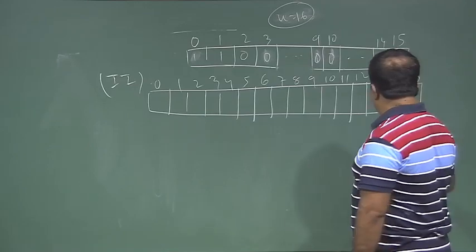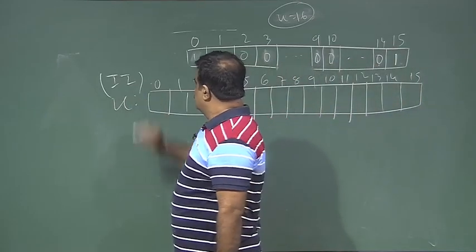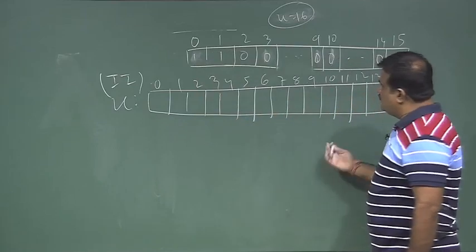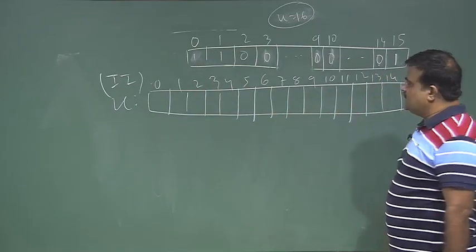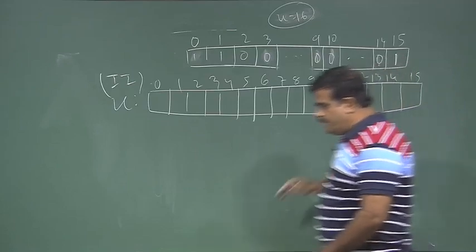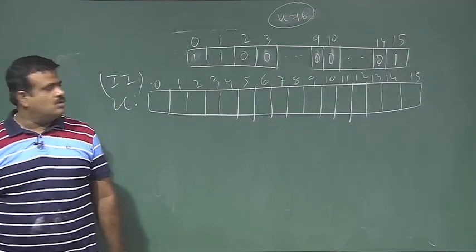This is our u array, where small u is 16. Now we want to make it into square root of u. How can we do it?